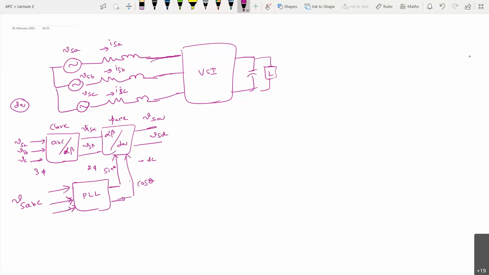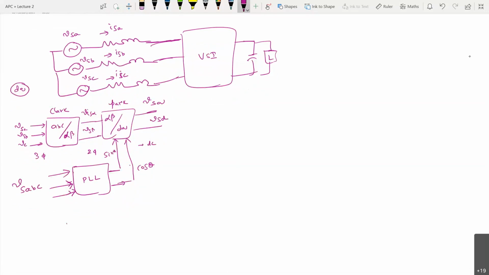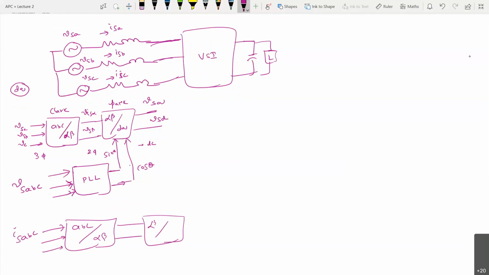Similarly, the source currents we also need to convert into the alpha beta reference frame. So this is ISABC, the three phase currents. Again, this is converted from alpha beta to DQ. So now this is ISD and this is ISQ.